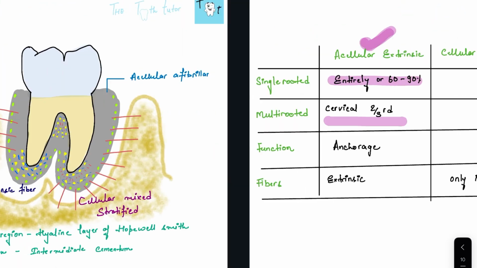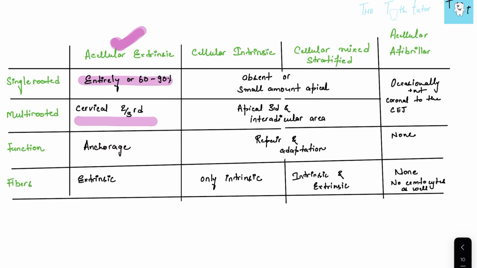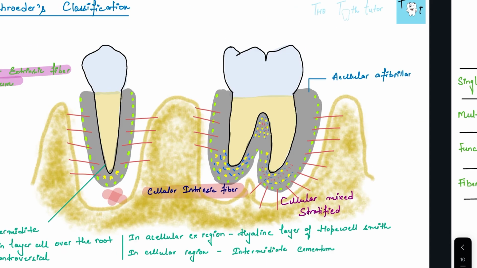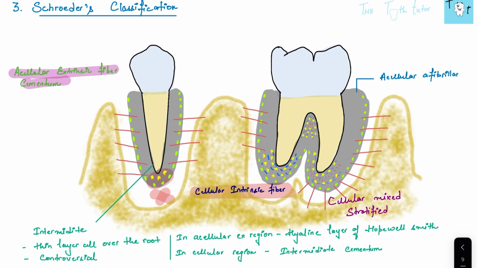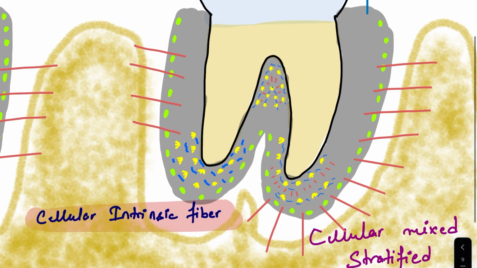Okay. Then the second type we have is cellular intrinsic type. If I highlight it over here, cellular intrinsic fiber cementum. It is generally not present in single rooted tooth. You can see it is generally absent or in small amount in the apical region. So you could see it in this region. Generally it is absent. In multi-rooted tooth, it is present in the apical third and interradicular area.